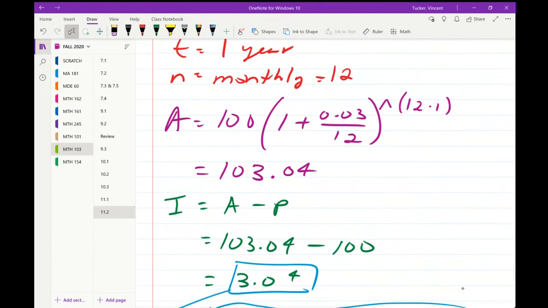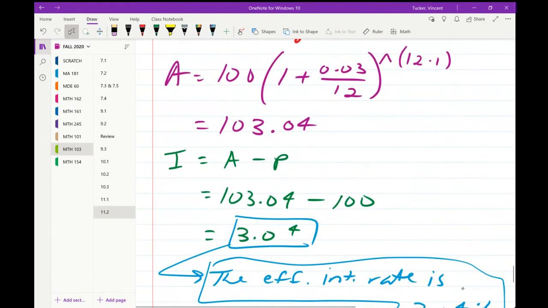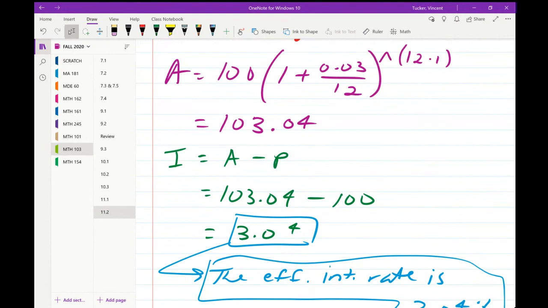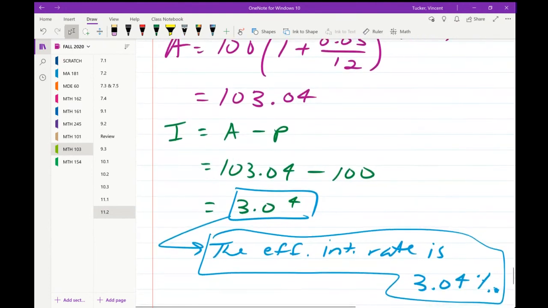A minus P, that's 103.04 minus 100. And once you get that, at 3.04, that is actually your effective interest rate, 3.04%.